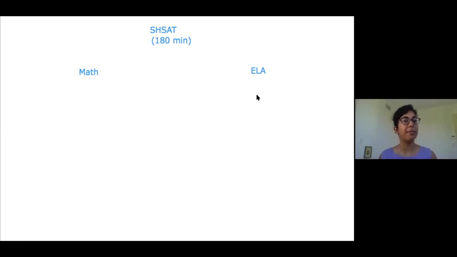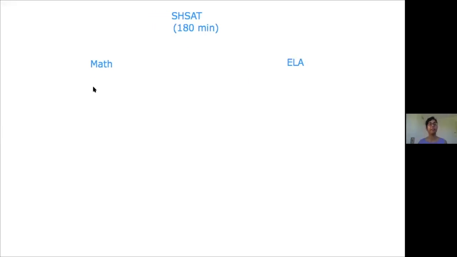Then if you have extra time left at the end, you can revise the section that you're still on, and then move on to the other one. That's what I recommend. But students often find as they're doing their prep that for some people, it might work better to switch it up a little bit.